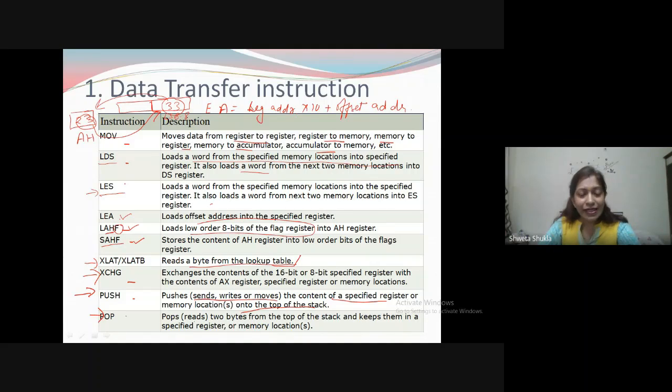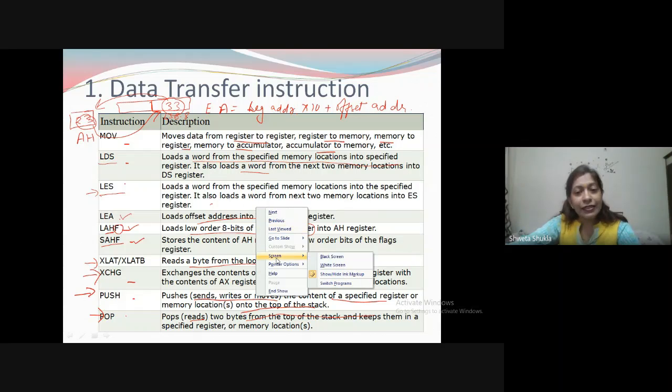See, pop can be said as read, right? That is, read 2 bytes from the top of the stack and keep them in a specified register or memory location. In this case, it will work as SP plus 2. Now if you have taken the pop instruction, then what is going to happen? The similar order.